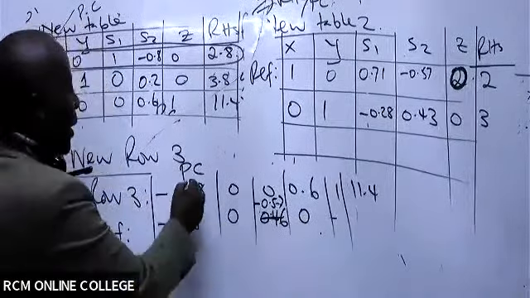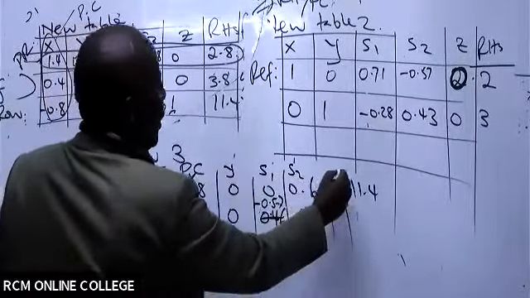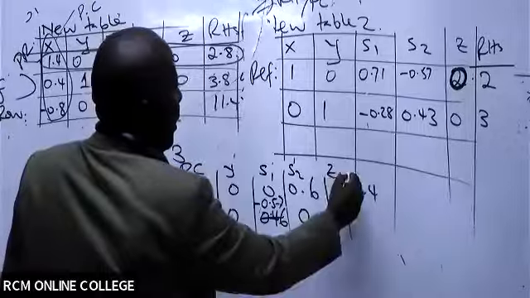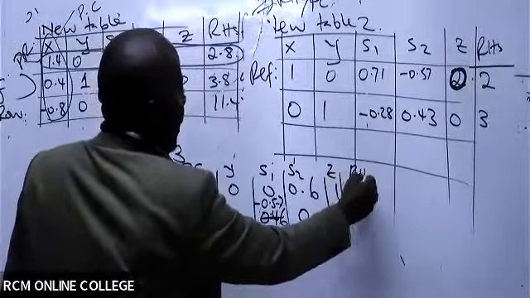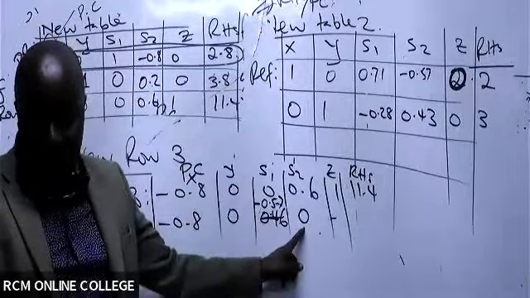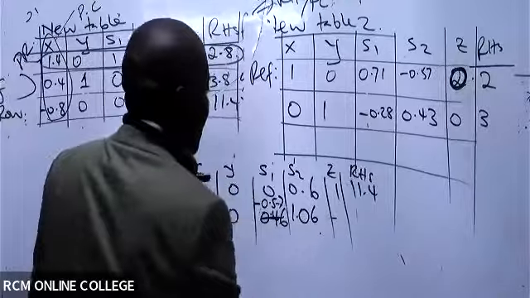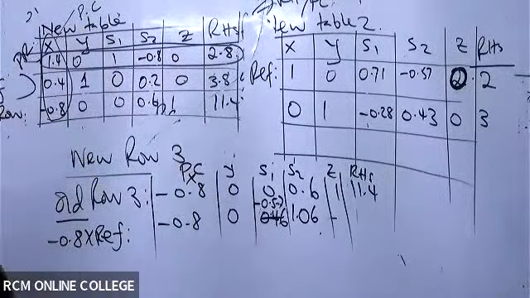So remember, this is X, this is Y, S1, S2, Z, and then the right-hand side. So give me the one of S2. S2 is 1.06. Are you sure that S2 is 1.06?